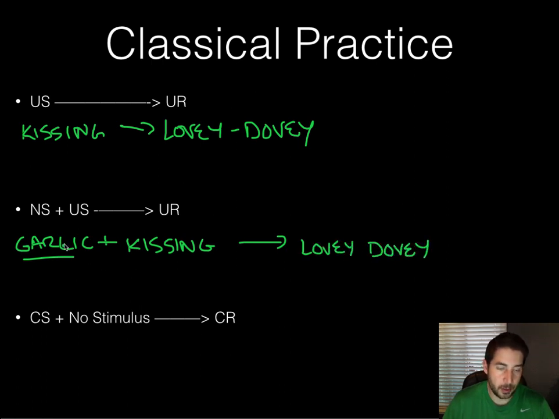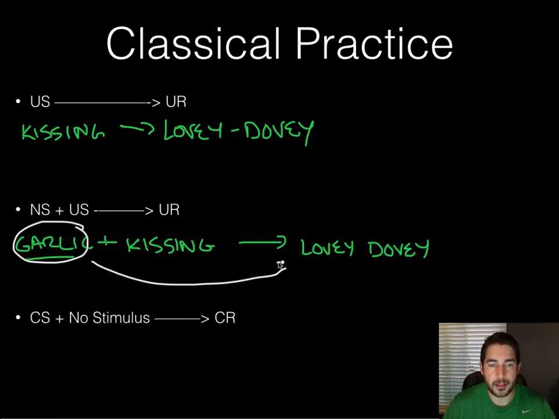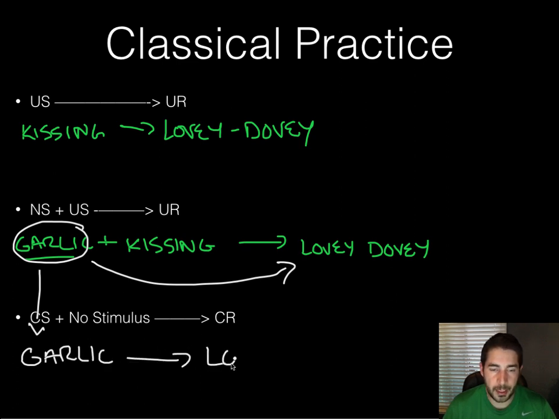And now you start to associate the garlic with this lovey-dovey feeling. And so now this garlic becomes the conditioned stimulus. So garlic by itself now is going to create a lovey-dovey feeling. Okay? So garlic became your conditioned stimulus.